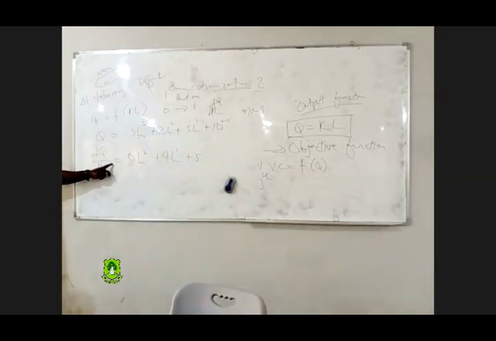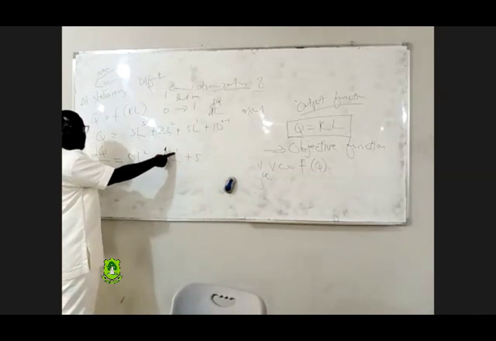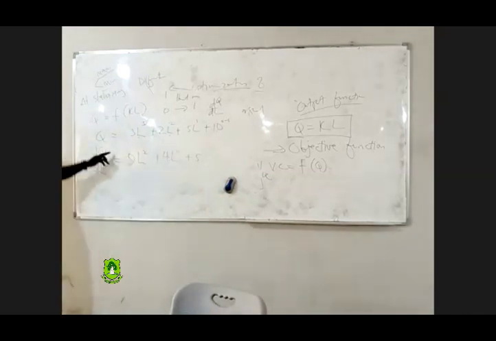So this is what we have differentiated. Are we together? Any number raised to the power 1 is that number. The minus 1 is constant.